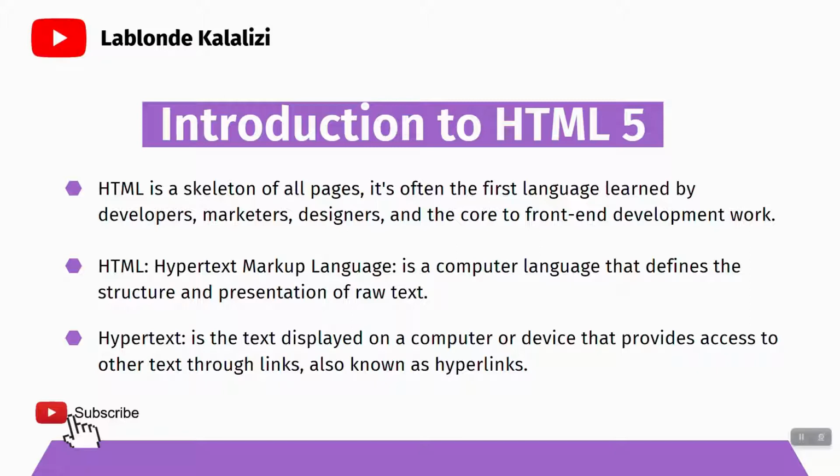Hypertext. What is a hypertext? Hypertext is a text displayed on a computer or device that provides access to other text through links, also known as hyperlinks. These are the HTML tags that you are going to learn.